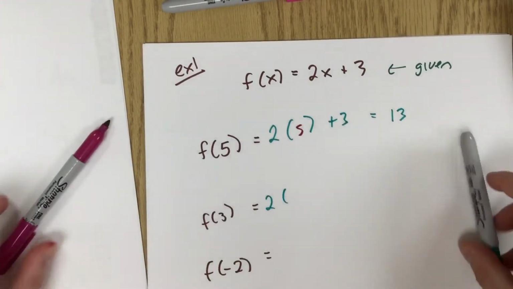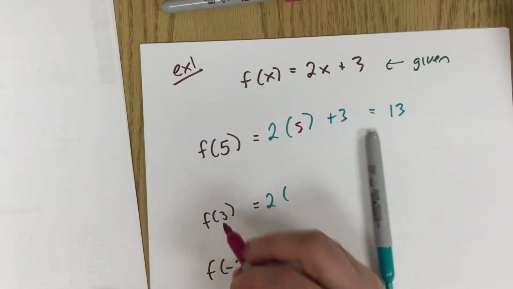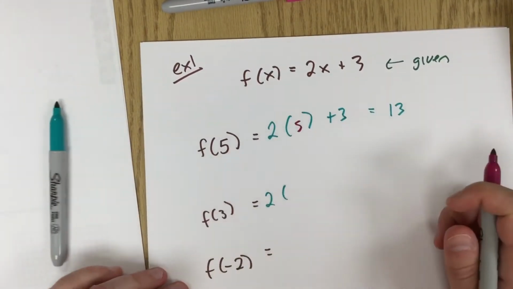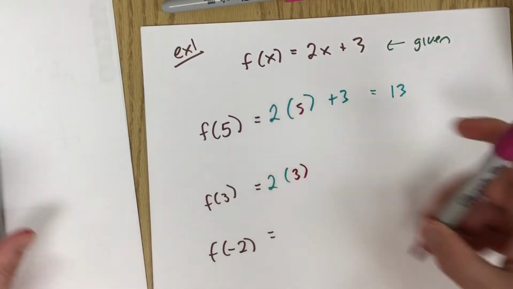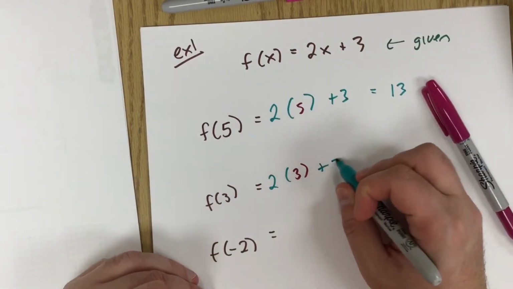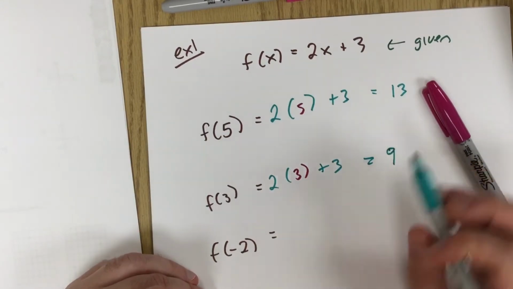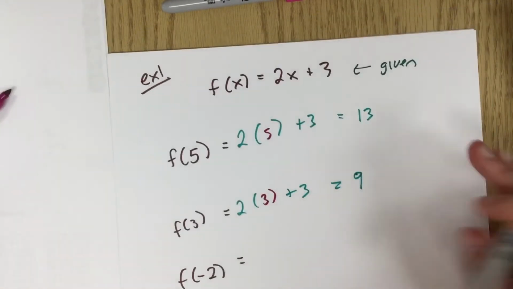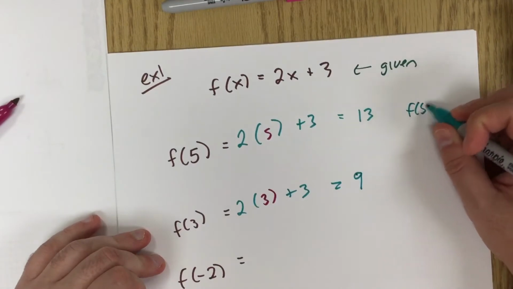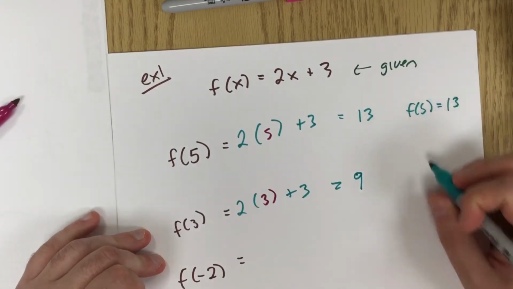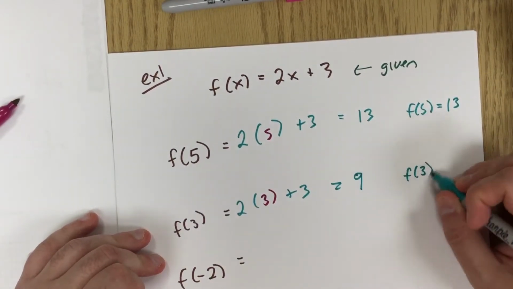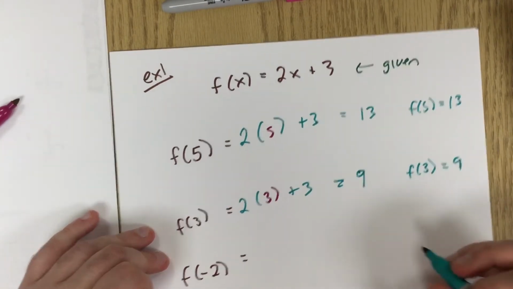F of 3 is, so the x, we make the x 3. So that's going to be 2 times 3 plus 3. 2 times 3 is 6. 6 plus 3 is 9. And if I could summarize this too, I could say, okay, so f of 5 is 13. F of 3 is 9.